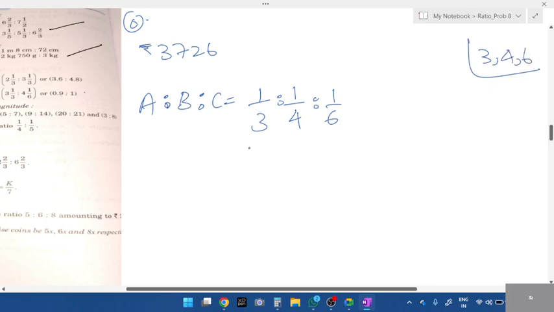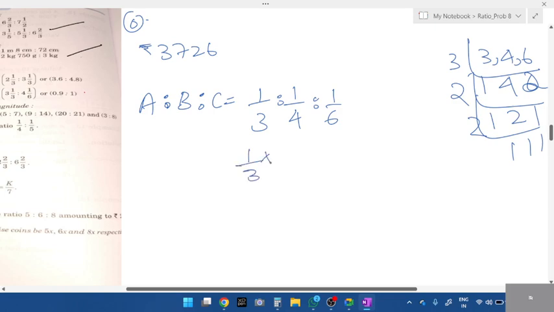Yes, tell me the value. No, no, no. 3 ones. Oh, sorry. Correct. 3. Next, 2, 1. Okay. What's the LCM? 3 twos are 6. 6 twos are 12.